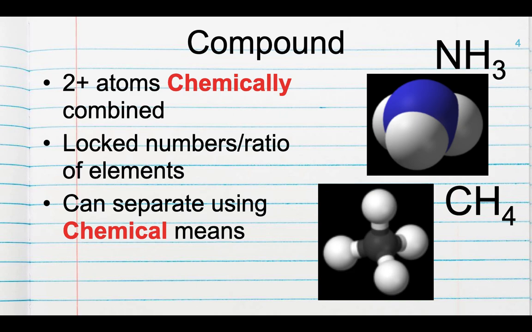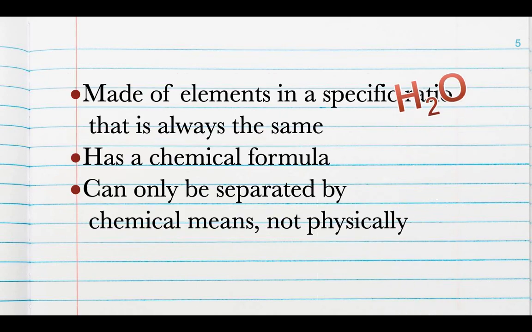What it means by a locked number or ratio of elements: NH3 makes ammonia, and it's always going to make ammonia. If I change it to NH4, it's something different. CH4 makes up explosives, so if I change the amount of carbons or hydrogens, I mess up how big the boom is going to be.